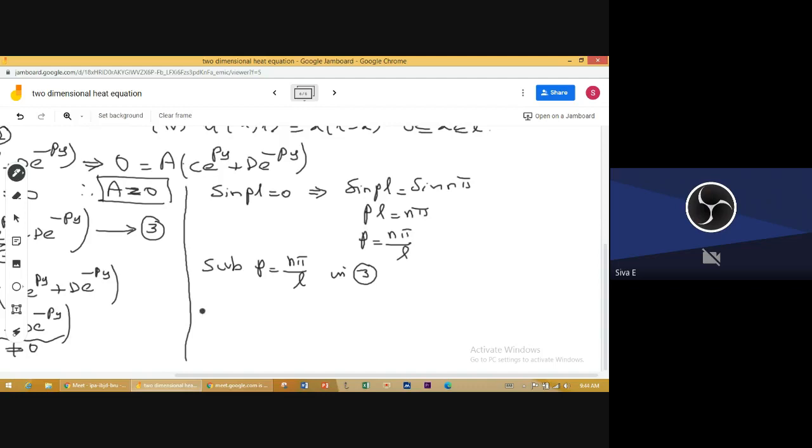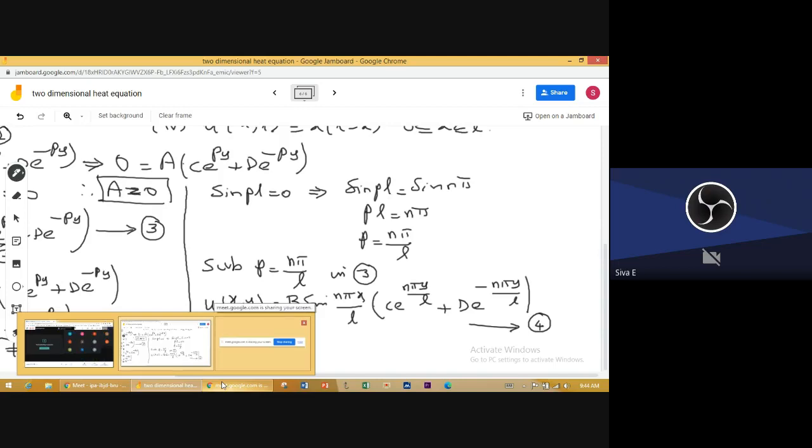u(x, y) = b sin(nπx/L) (c e^(nπy/L) + d e^(-nπy/L)). This is equation number 4.